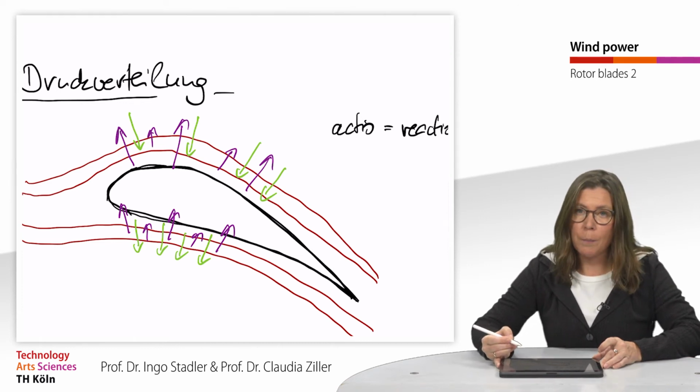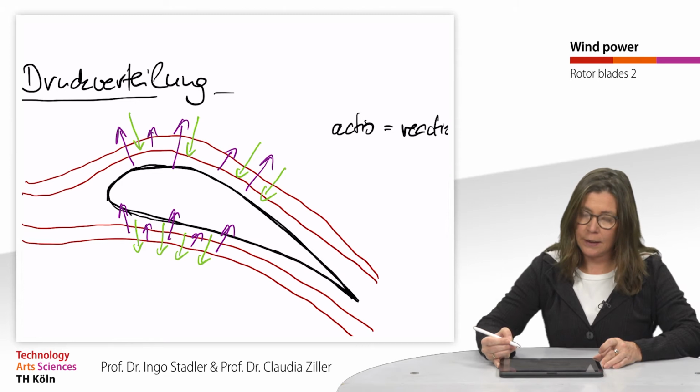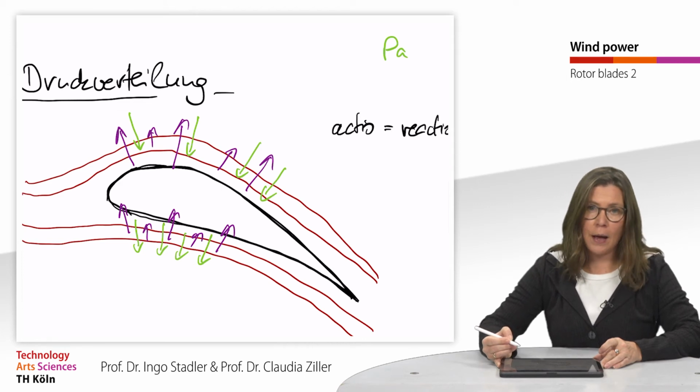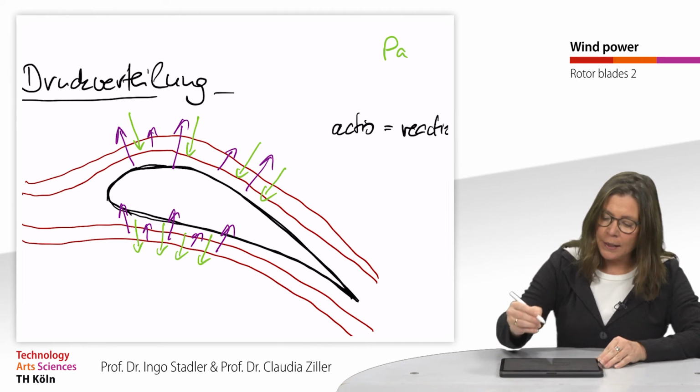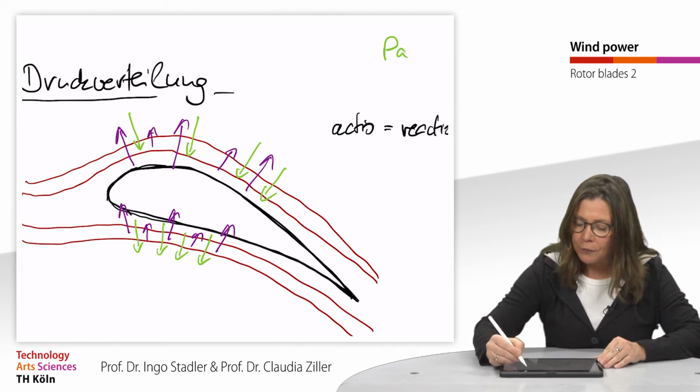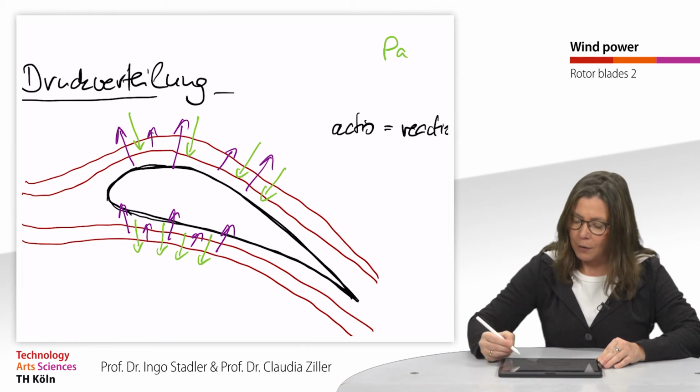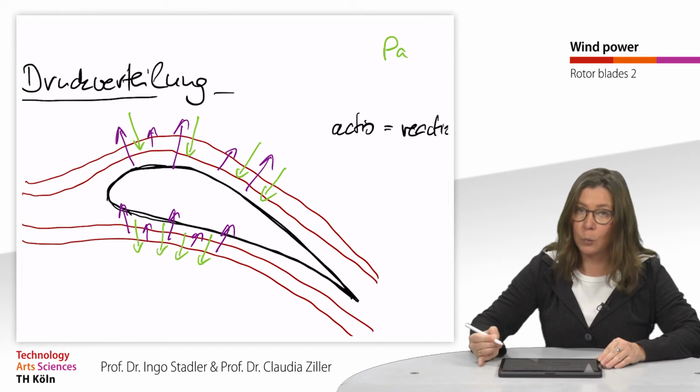What do we know about pressure gradient forces? It's like the weather. If you have highs or lows in the weather, you have an air movement from the high to the low. That means way above the airfoil you have ambient pressure, and below the airfoil you have ambient pressure as well.